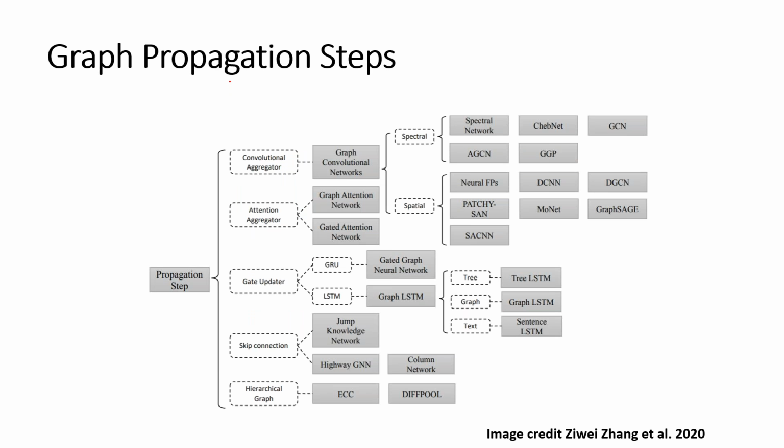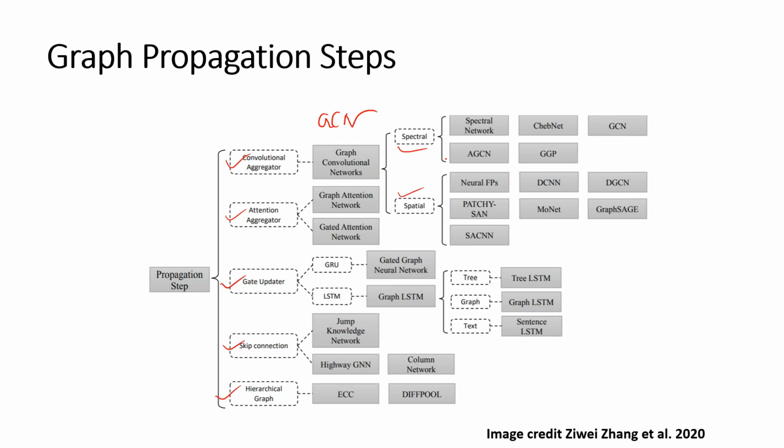So graph propagation steps. In propagation steps, we have convolutional aggregator, we have attention aggregator, we have gate updater, skip connection, and hierarchical graph. In convolutional aggregator, we have graph convolutional network, which is the popular one, GCN we call. And then in GCN, we have spectral and spatial, right?